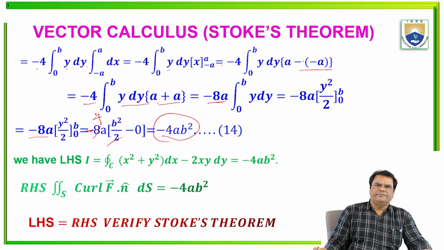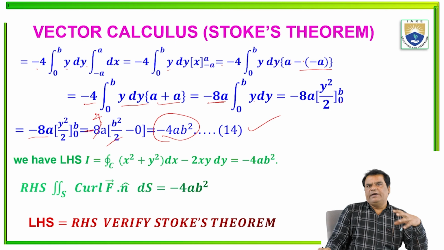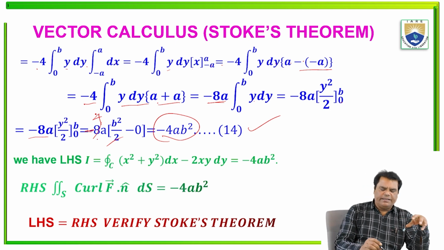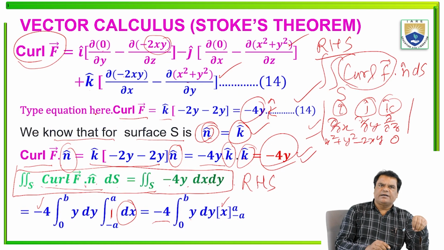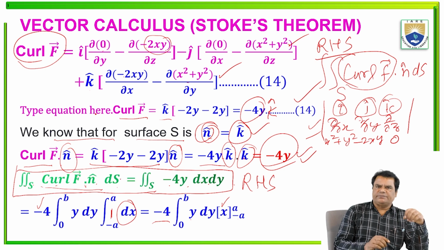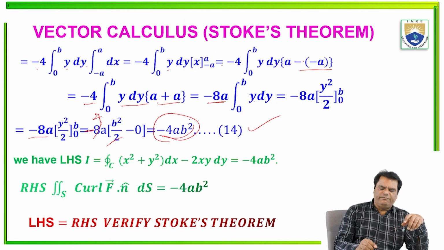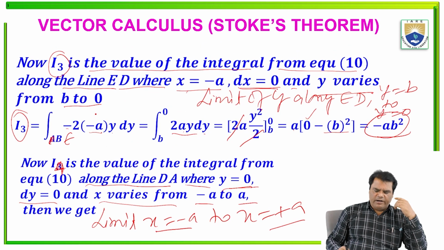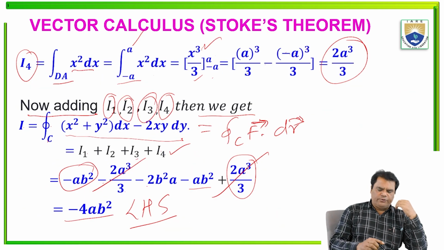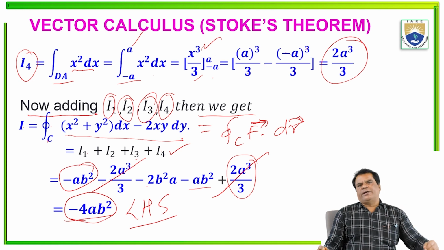This is the right hand side. This is equation 14. We see that the value of the right hand side of Stoke theorem, that is, the formula is this, double integration over S curl F dot n cap ds. So we calculate the value of this side. This is the right hand side. So we get here minus 4ab square. And we have already found the value of I1 plus I2, that is minus 4ab square.